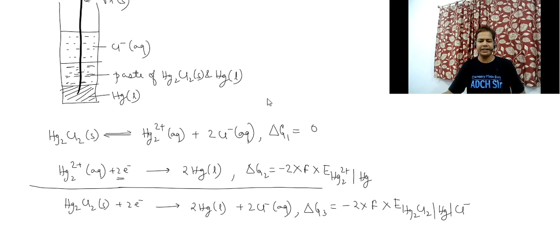So what do we get? We'll get that delta G3 will be equal to delta G1 plus delta G2. Again delta G1 is 0, so delta G3 will be equal to delta G2.